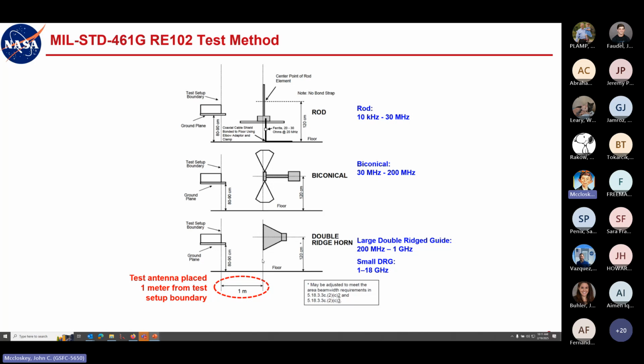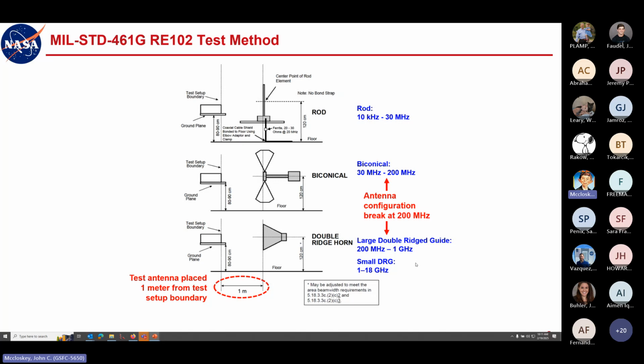Because if you mess with this measurement distance and try to use those same cal factors, you're going to get some errors in your results. For commercial testing, there are cal factors for 3 meters and 10 meters for much the same reasons. But anyway, the point is that you need to make this measurement at 1 meter. And I'll talk about the significance of that in just a moment in the next slide.